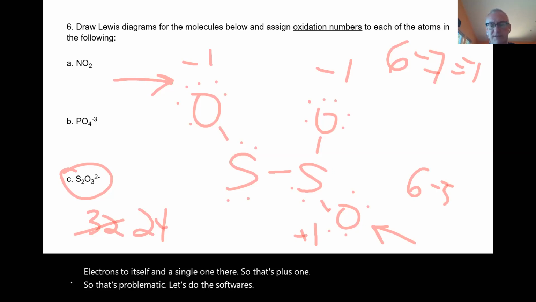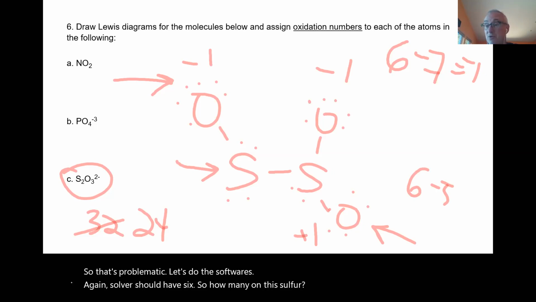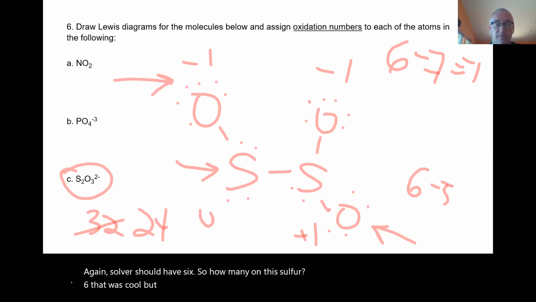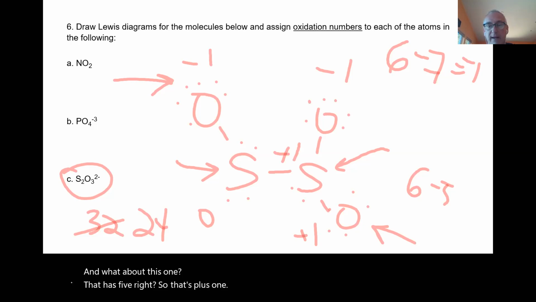So again, sulfur should have 6. So how many on this sulfur? 6. So that one's cool. That one has no charge. So that one's fine. And what about this one? 5. That has 5, right? So that's +1. So that's a little problematic.